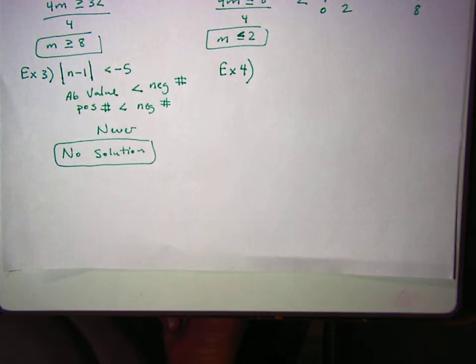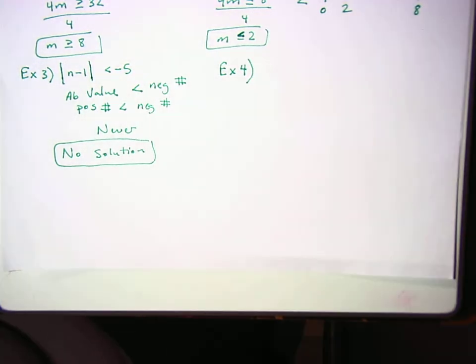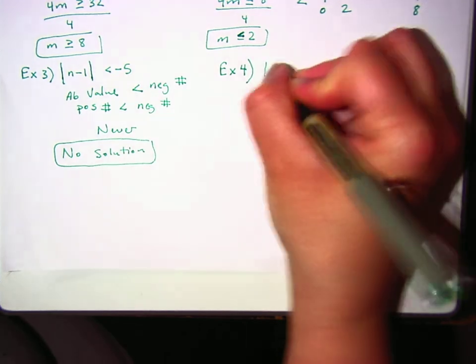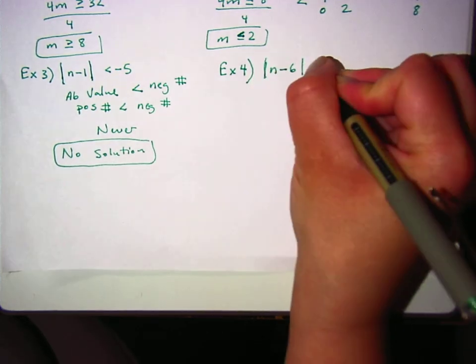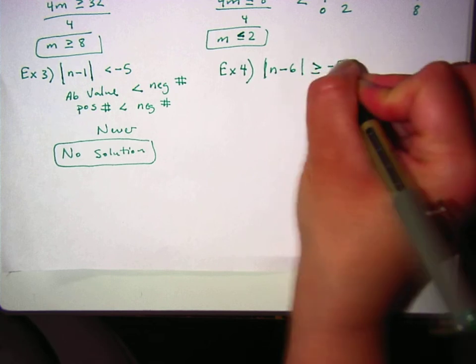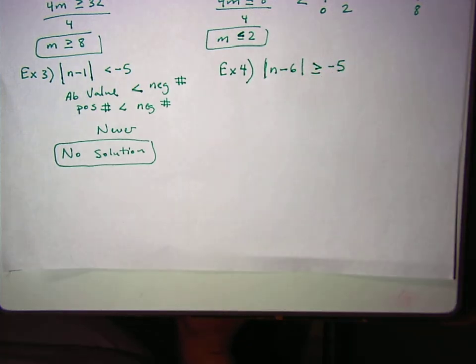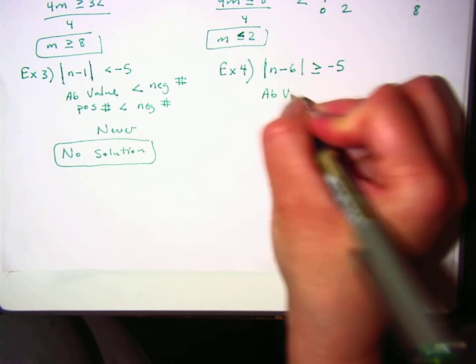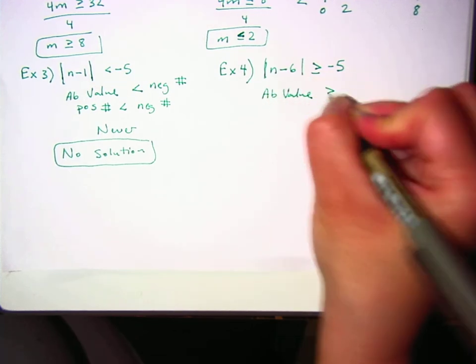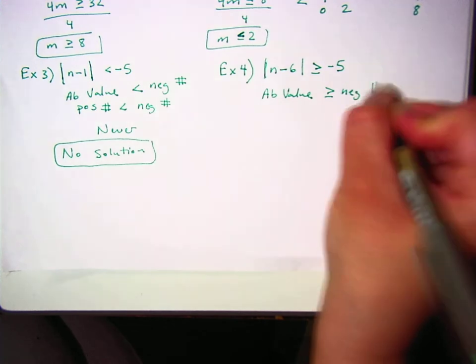Example 4, the other weird one, is if I said the absolute value of n minus 6 is greater than or equal to negative 5. Okay, so again, this is an absolute value on the left, and on the right, it's a negative number.